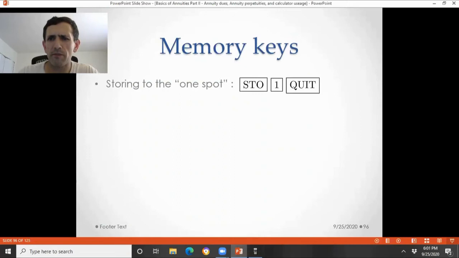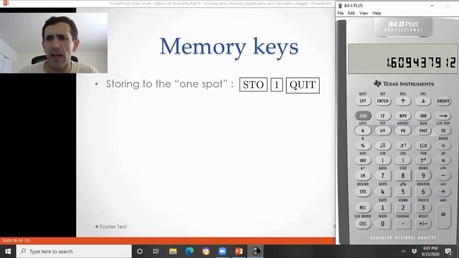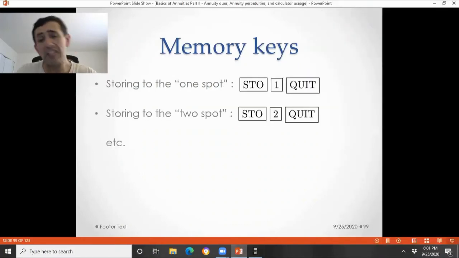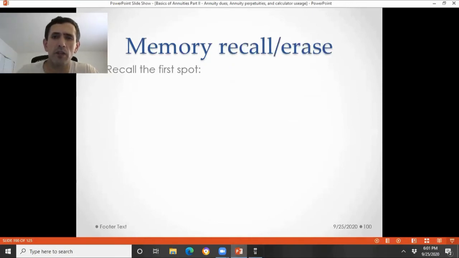And then to get out of it, to do something else, I go to quit. Let's say I want ln of 9 in the 2nd spot. I go store 2, and then to get out of it, I just go to quit. You can do this from 1 to 9. Actually, you can do this from 0 to 9, so you have, sorry, 10 spots.